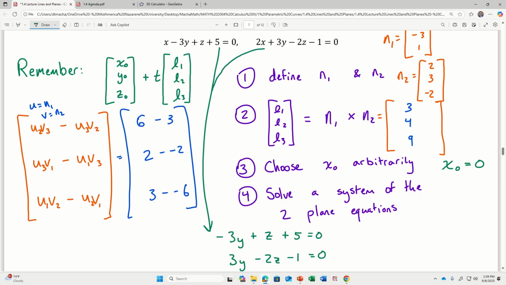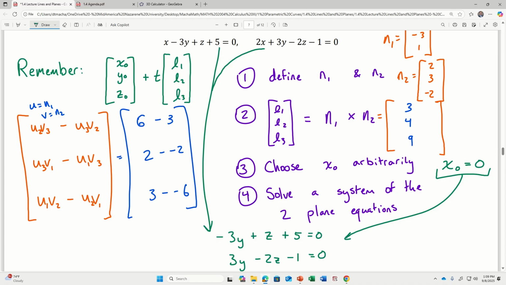So I get a system of two equations, the two equations that I get from the planes. And I've already plugged in x equals 0, because I get to choose one.